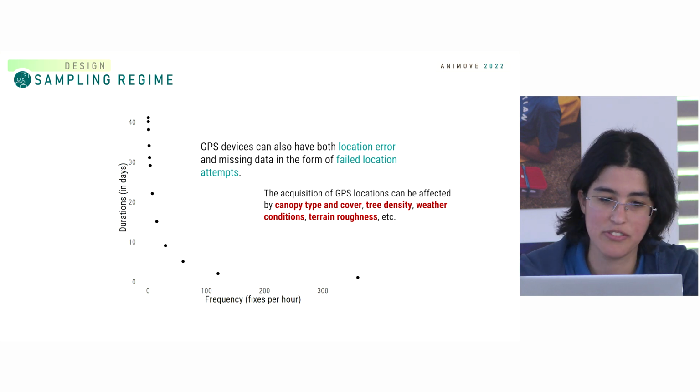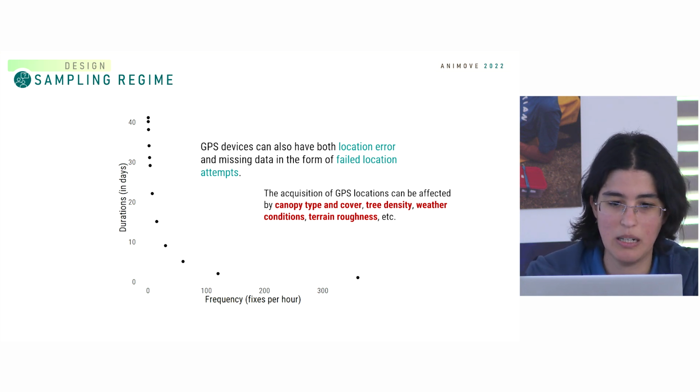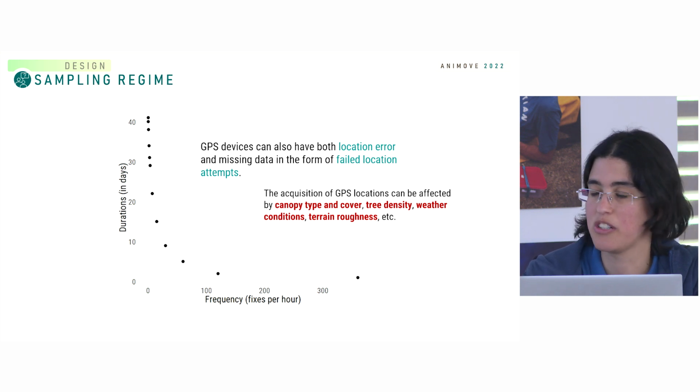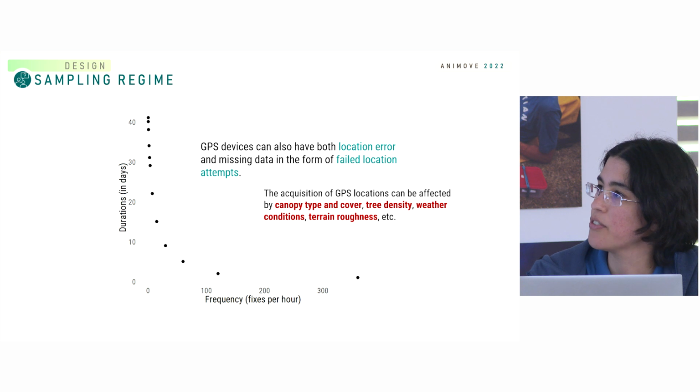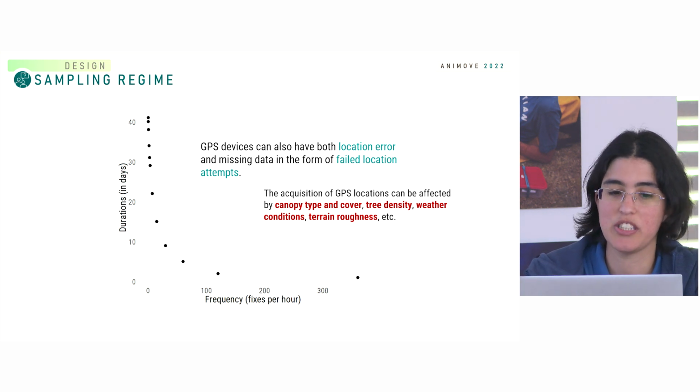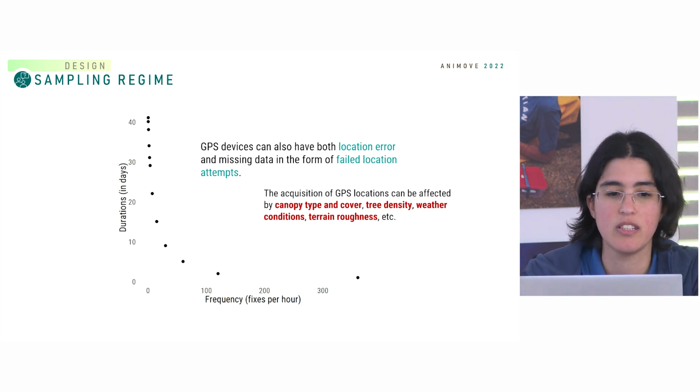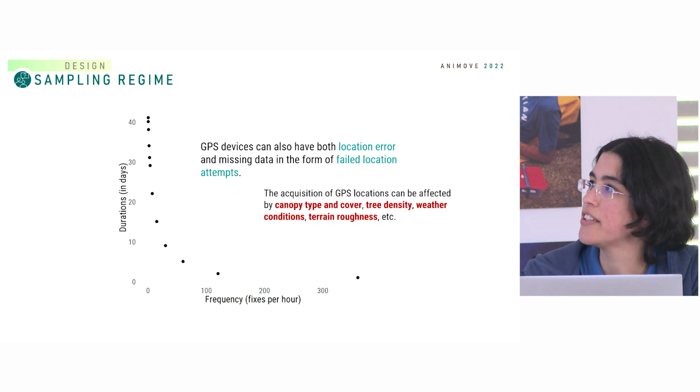And obviously you have all the other potential biases that can be introduced, like location error, if the device has an error of 10 meters or 50 meters or even more than that, and how that can influence your estimates. Obviously, if your home range area is very small and the error is very big, it's something that you need to consider. And there are ways within CTMM to incorporate location error that we could potentially go over at some point.